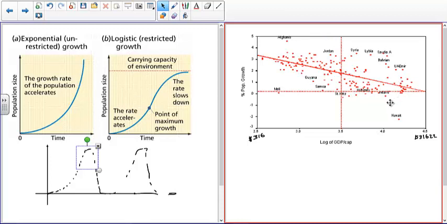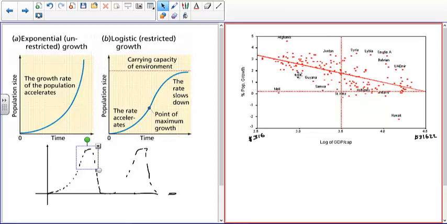And basically what it's saying is that the higher the population growth for a country, the lower the GDP per capita. So what we normally see is that places that are having a lot of kids tend to have lower GDP.